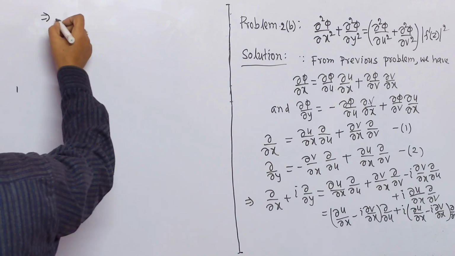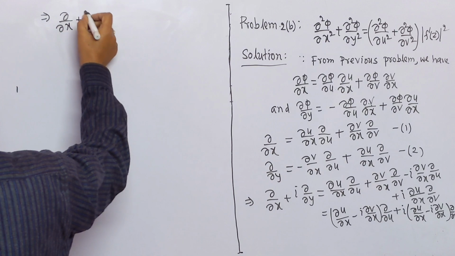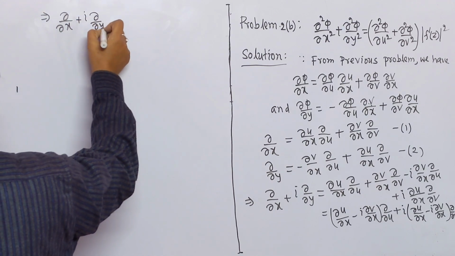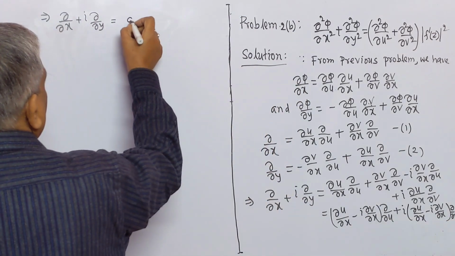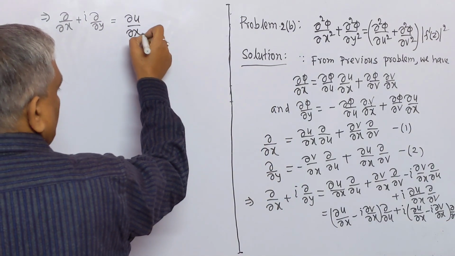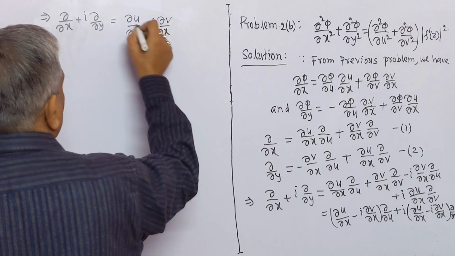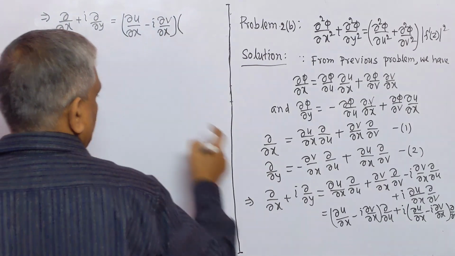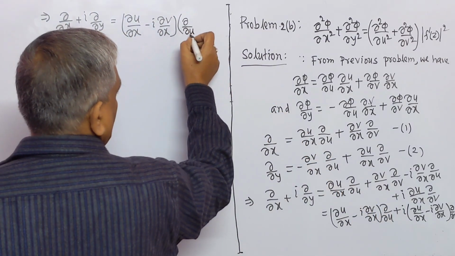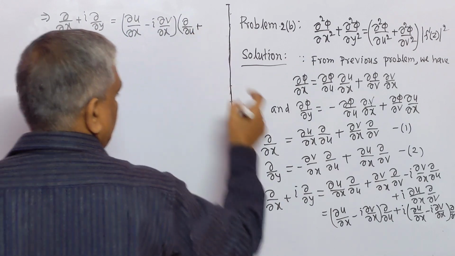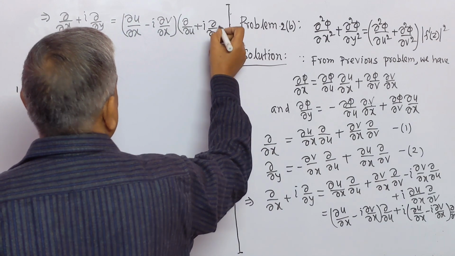Implies that del by del x plus i del by del y, right side this common, del u by del x minus i del v by del x, here remains del by del u and here i del by del v.